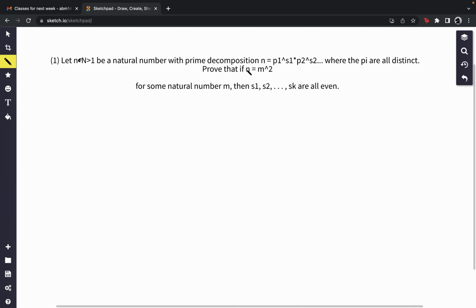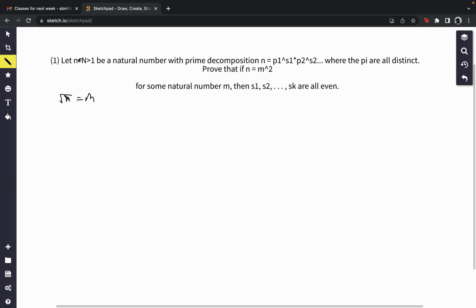So now we want to prove that if n is equal to m squared for some natural number m, then all of these exponents are even. And I think the direct proof of this is actually pretty intuitive. Something that we were talking about in class is that if n is a natural number greater than 1 and it's equal to m squared, we know that the square root of n equals m.